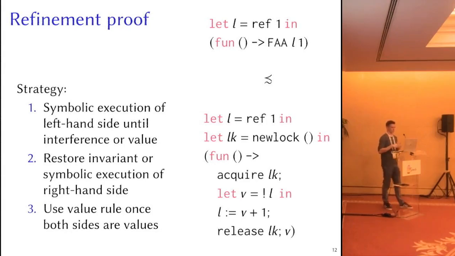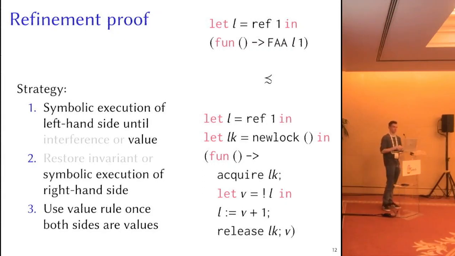If we run into interference, there's a choice we need to make, and this is the source of backtracking that we do face sometimes: we have to choose between restoring the invariant or doing symbolic execution on the right-hand side. And finally, once both expressions are values, there is a value rule we should use to continue. For this example, that's not relevant, and so it just becomes symbolically execute the left-hand side, then the right-hand side, and then use the value rule.